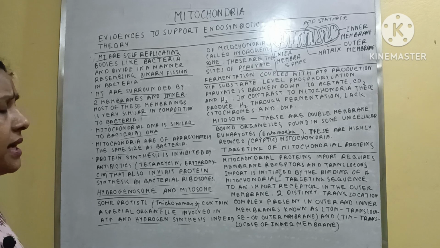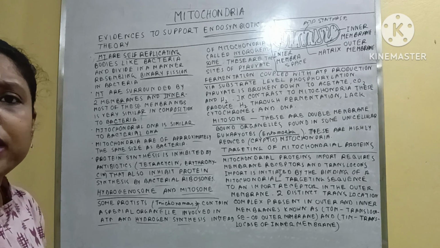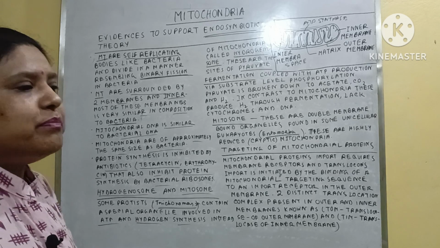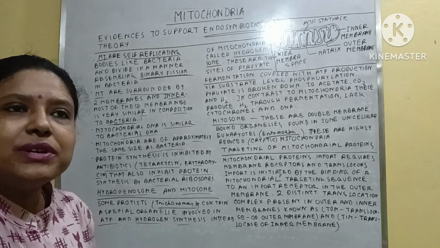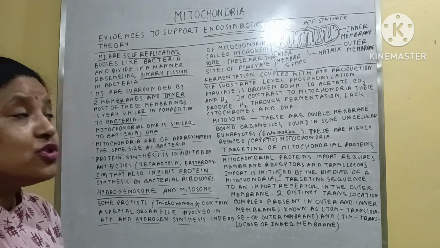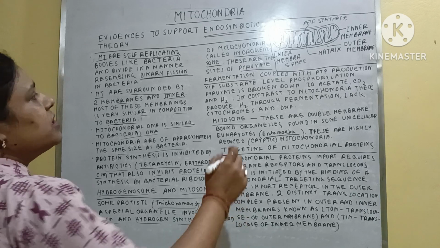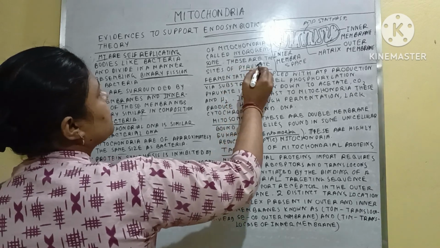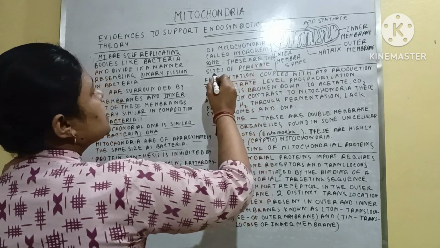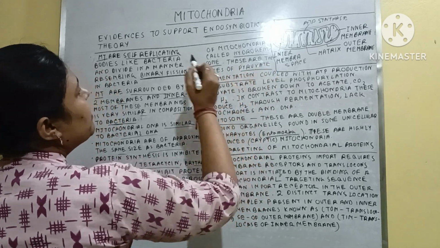We know that in mitochondria CO2 is produced during ATP production, but here hydrogen is produced in molecular form. These are the sites of pyruvate fermentation.